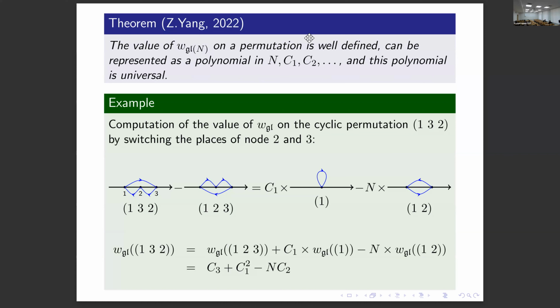And this polynomial I call the universal gl weight system. And next is an example computing this universal gl weight system on the cyclic permutation 1, 3, 2.